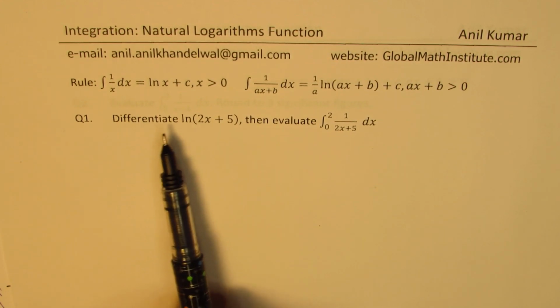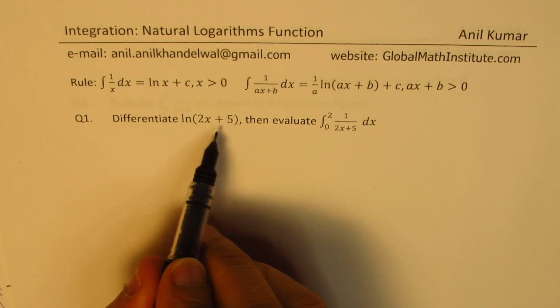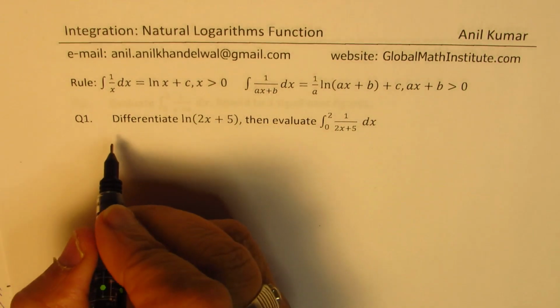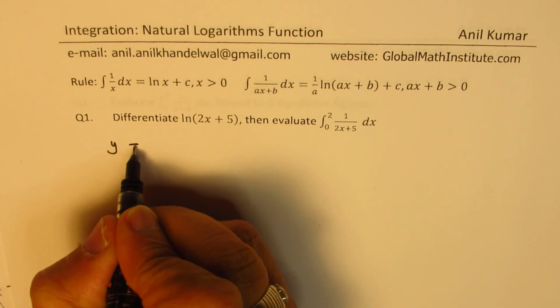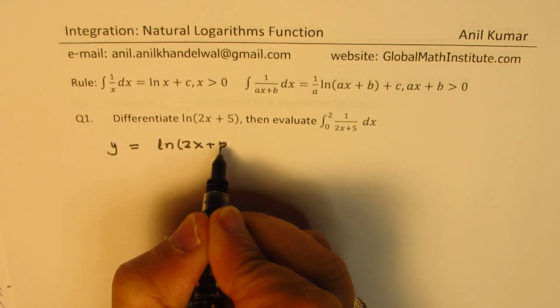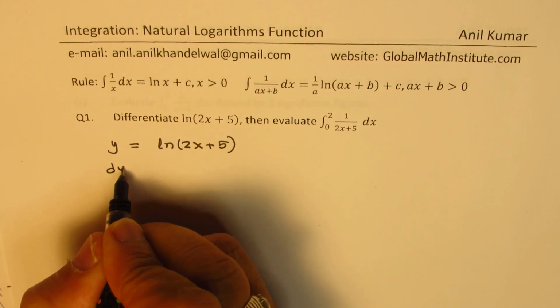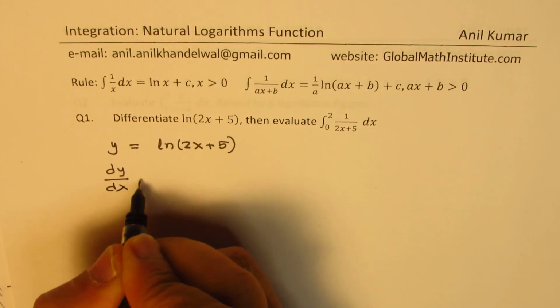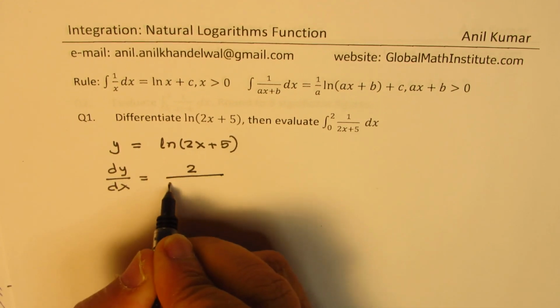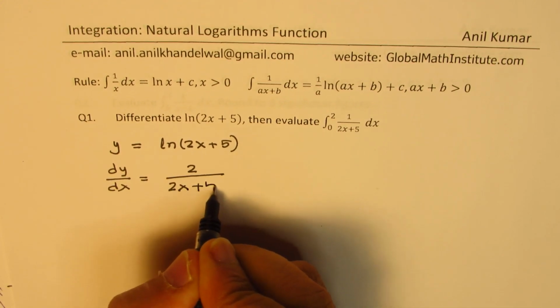Question number 1 is differentiate ln(2x plus 5), then evaluate this particular integral. So let's write this as a function of y. y equals ln(2x plus 5). Differentiating with respect to x, we get dy/dx equals 2 over 2x plus 5, correct?